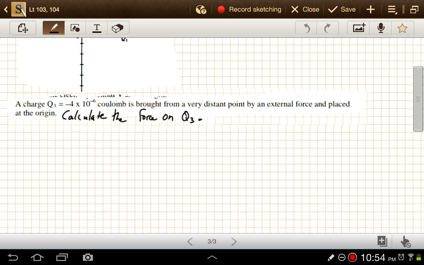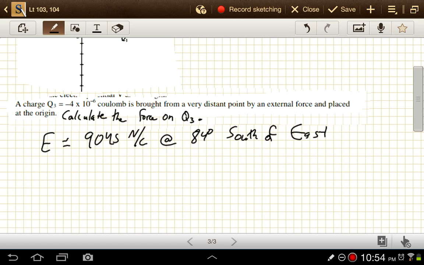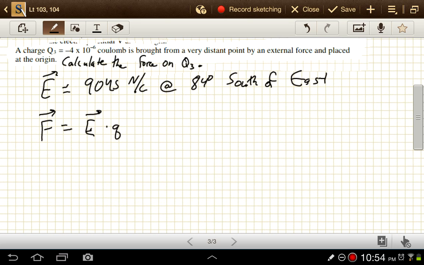Okay, so the electric field was equal to 9,045 newtons per coulomb at 84 degrees south of east. Now the electric force is equal to the electric field times the charge. So if we're looking just at magnitudes to begin with, we'll have 9,045 newtons per coulomb times the charge, negative 4 times 10 to the negative 6th coulombs.